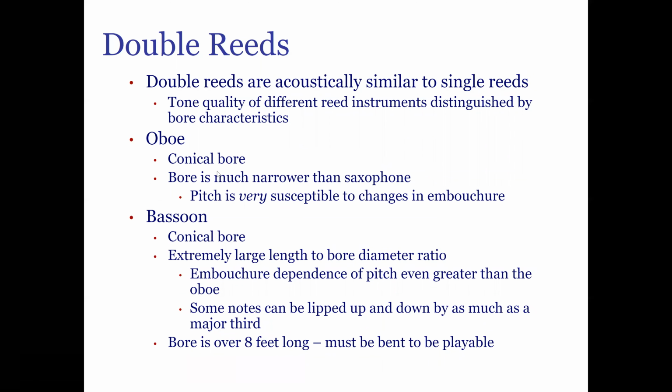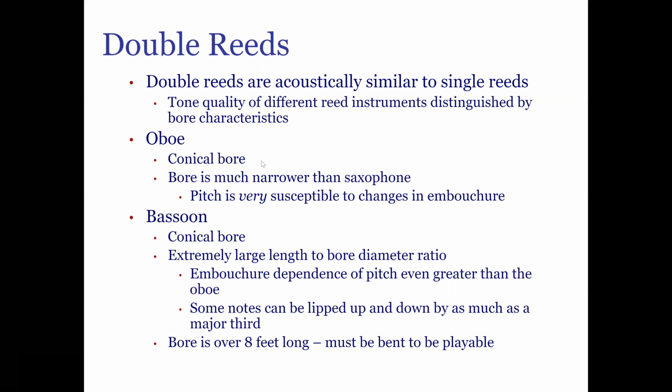Double reeds are acoustically similar to single reeds. The tone quality is distinguished more by the bore than the actual reeds themselves. But again, every little piece matters, so different reeds are going to sound a little bit different.